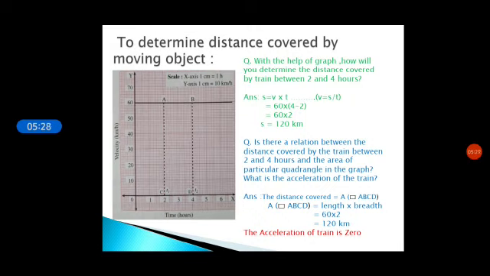So the area of rectangle ABCD is equal to length into breadth, equal to 60 into 2, and finally the area of the quadrangle is 120 kilometers, which is also equal to the distance covered by the moving object. And the value of acceleration of the train here is 0 because the initial velocity and final velocity are both the same.